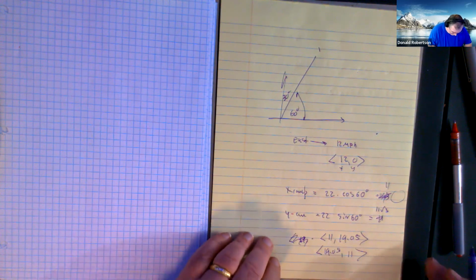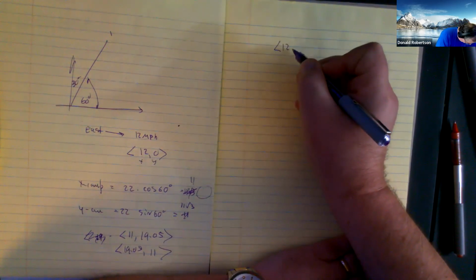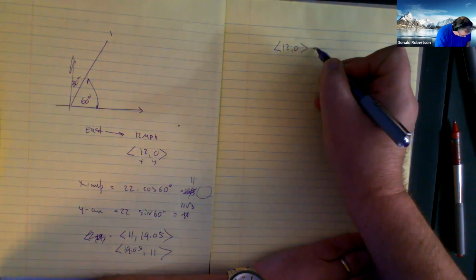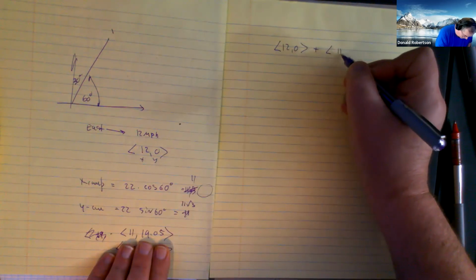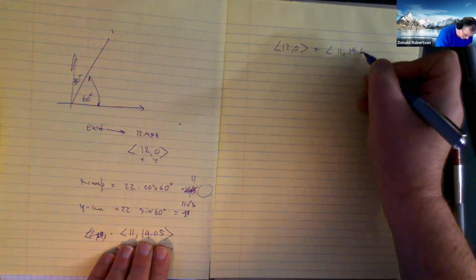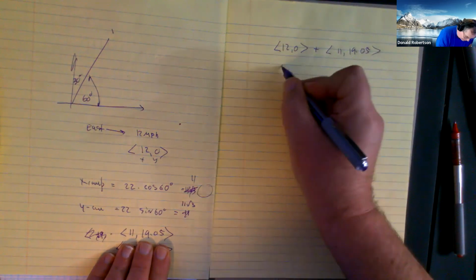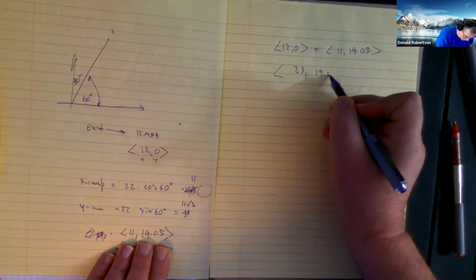Now, when they ask you about the true velocity of the motorboat, what you're looking at here is the combination of the river plus the boat. So you're looking at 23, 19.05.